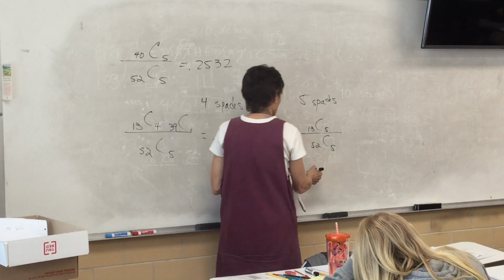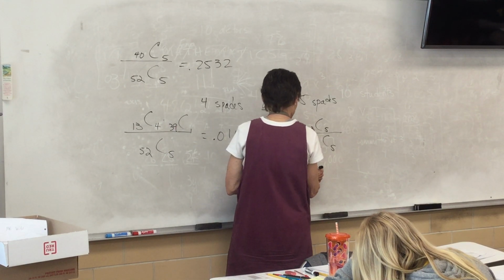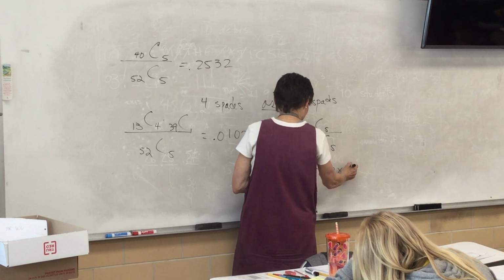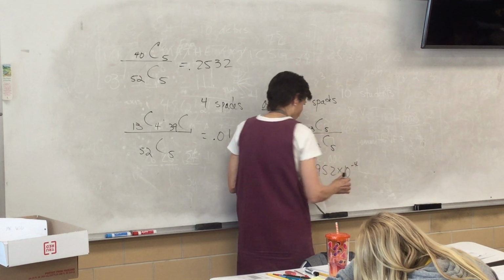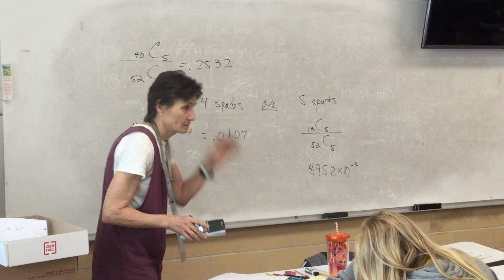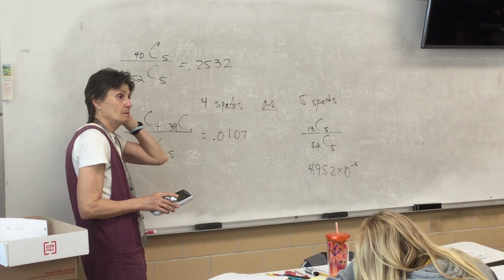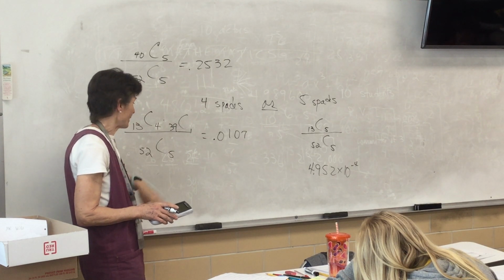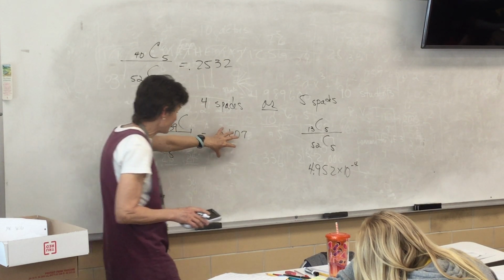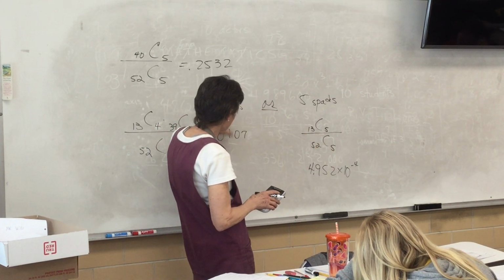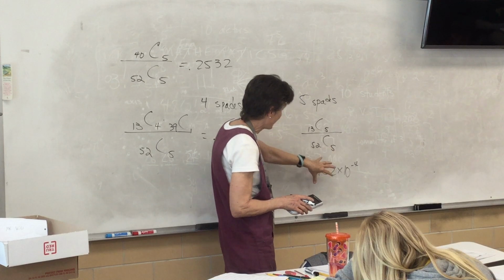Okay, this is one of those scientific notation answers. 4.952 times 10 to the -4. Now, I need an answer. I've got this answer sitting right here, and this is the probability of 4 spades, this is the probability of 5 spades.